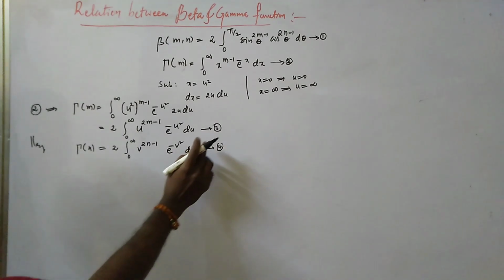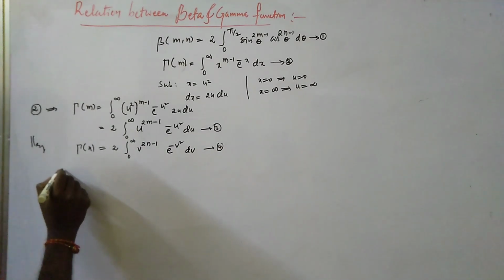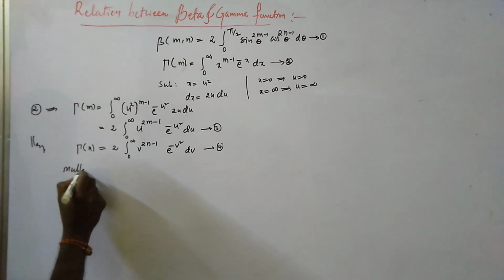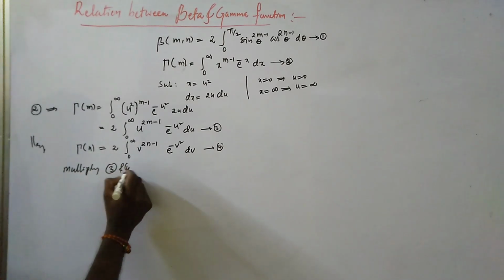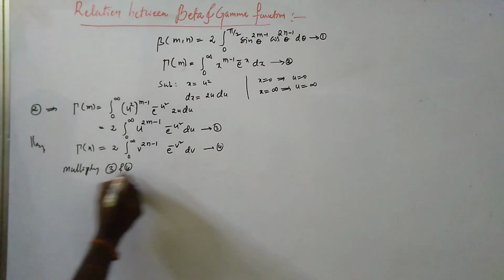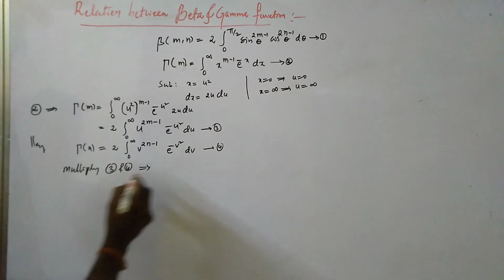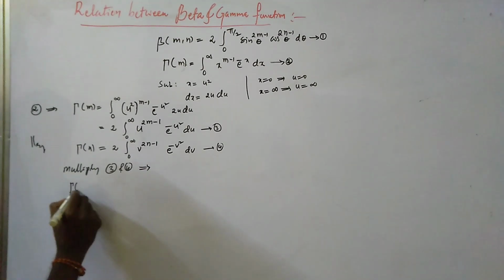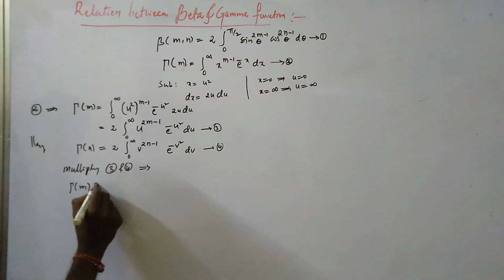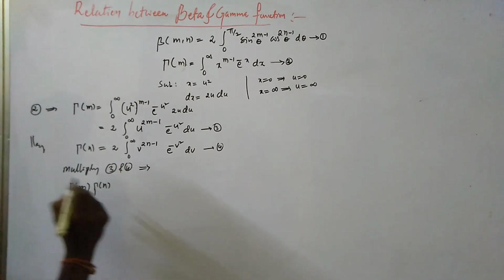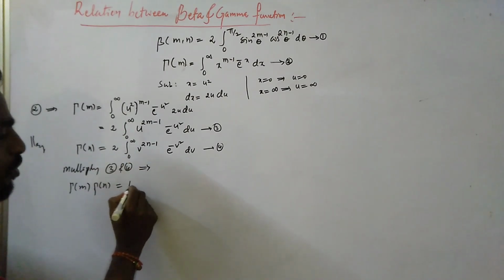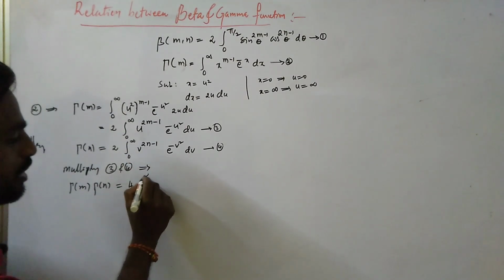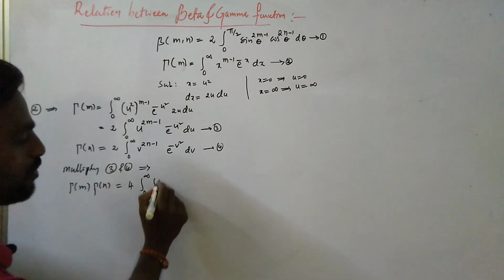Now multiply equation 3 and equation 4, left side and right side. So you get gamma of m into gamma of n equal to 2 into 2, that is 4, and integral 0 to infinity and integral 0 to infinity.